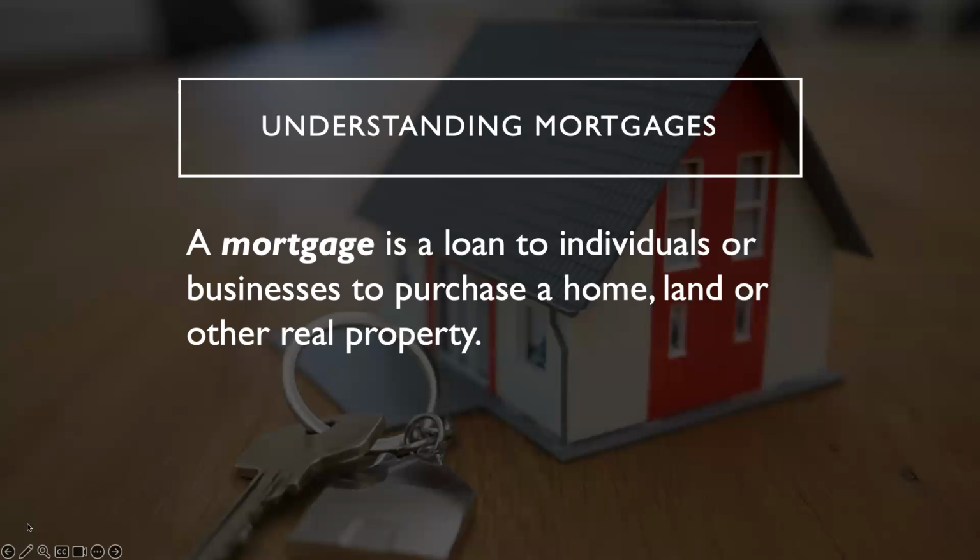But if we look at things from the lender's perspective, when we apply for a loan from a financial institution or from a lender, these loans that we are repaying currently sit in their balance sheet as a receivable.